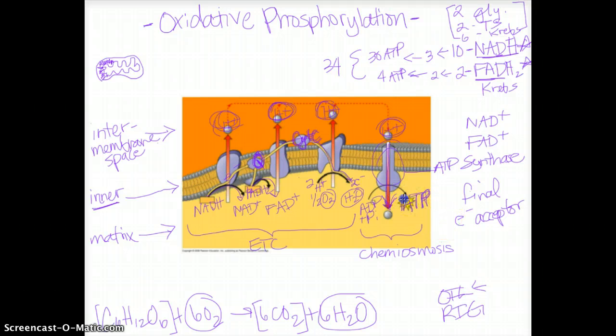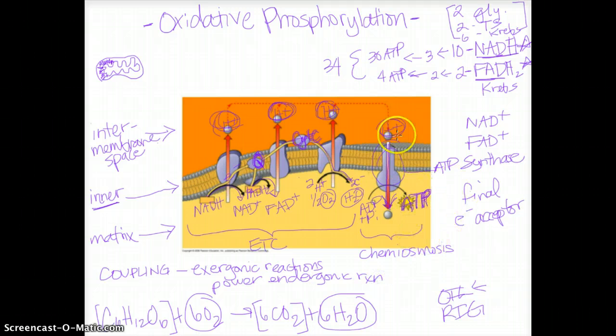Now, just as a reminder, the whole point of us talking about this in this manner is that we need to understand that we are doing something called energy coupling. We are using a series of exergonic reactions to power an endergonic reaction. The endergonic reaction that we're powering is this one right here.